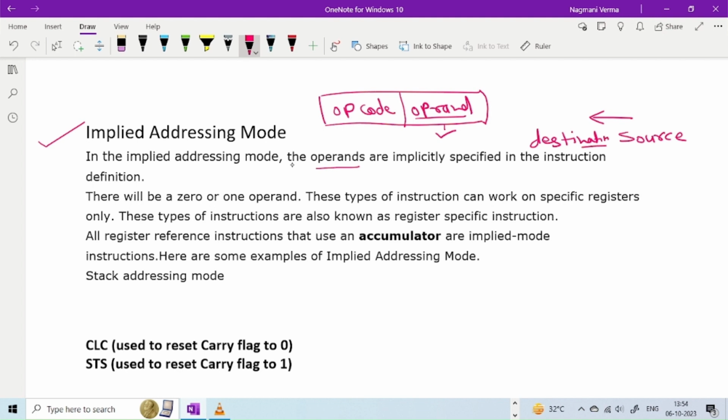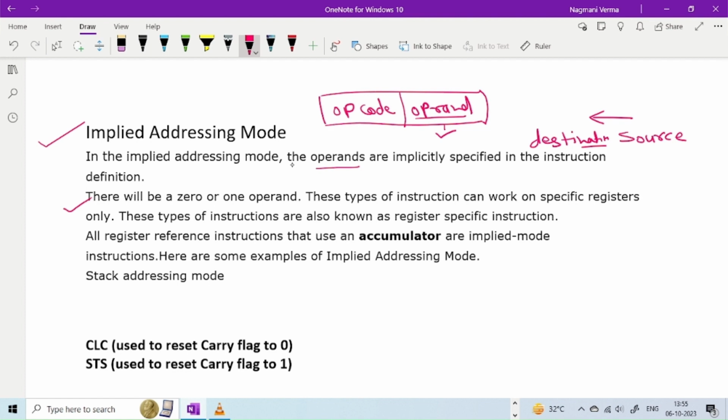Either the destination was implicitly given, or the source was implicitly given, or both were not given. In that case only the opcode will be there. So in this implied addressing mode, there could be 0 operand or 1 operand.